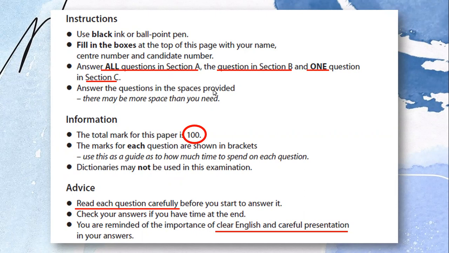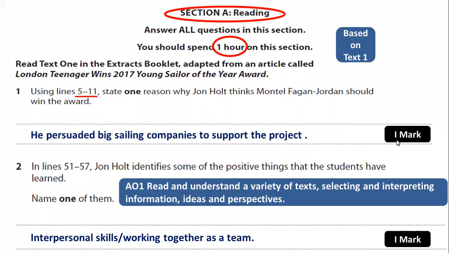Answer the questions in the spaces provided. There may be more space than you need. Information given: the total mark for this paper is 100. The marks for each question are shown in brackets. So if you look at the question paper, you will see that marks are given. Here I have actually put the marks in a different color, but if you take away this tab, you will see that the marks are given in the brackets.